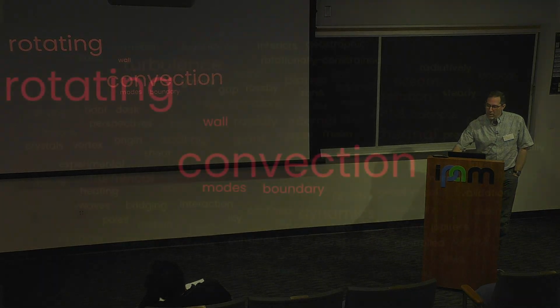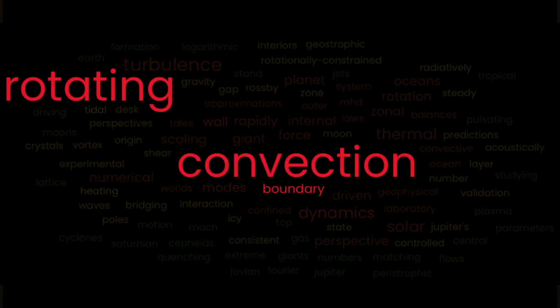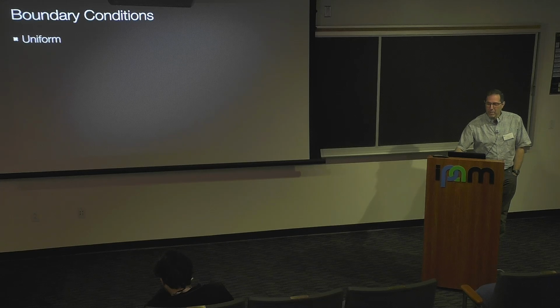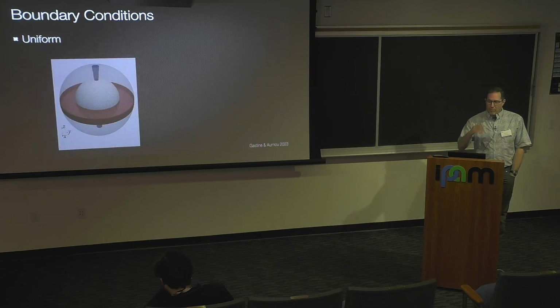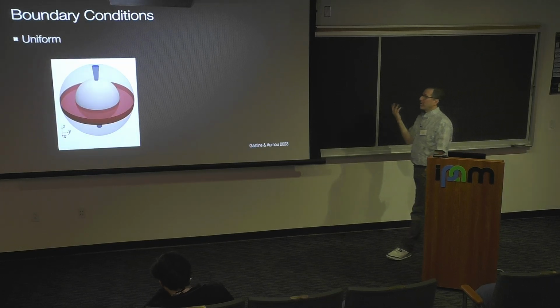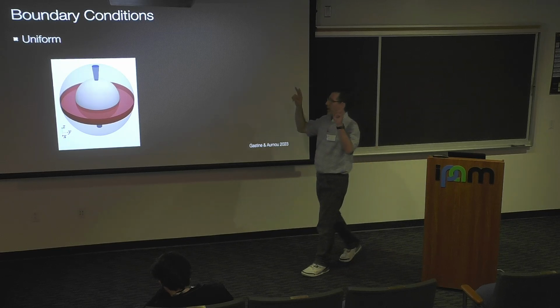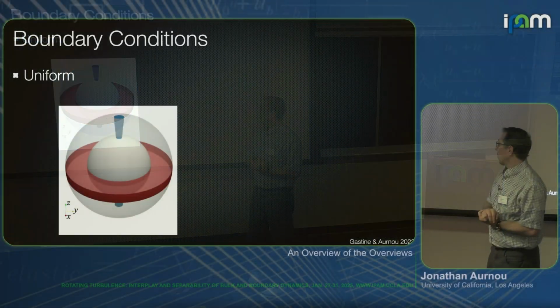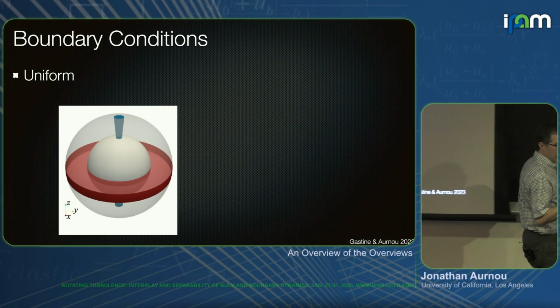Okay, wall modes, boundaries. There's more to talk about with boundaries. Yeah, let's talk about heating, driving, tidal. Those words show up. All right, so let's talk about boundary conditions. With uniform boundaries, you might expect everything's boring and simple. It's not, never is. If we even just go to a sphere, we could do this even in a plane layer.